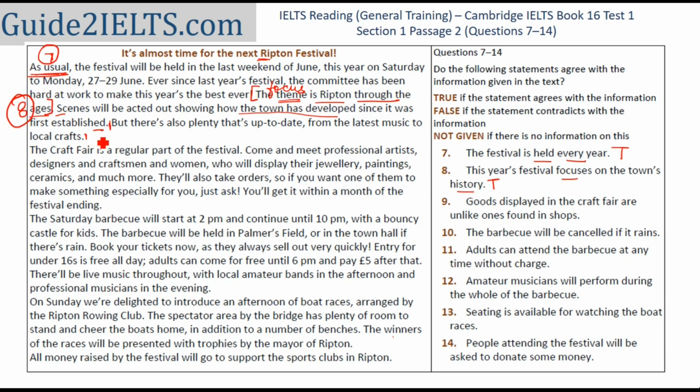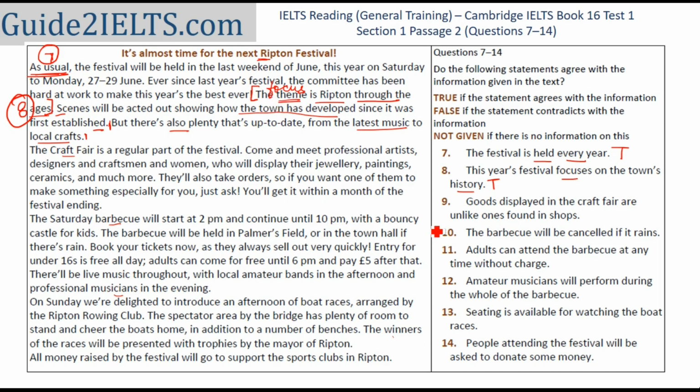But there's also plenty that's up to date, from latest music to local crafts. So there'll be all of this in the festival as well, but that is additional stuff. This will also be there. And as I glance at the rest of the passage, I see craft fair and barbecue and musicians. So there'll be a lot of all this stuff, but the theme or the focus is the town's history.